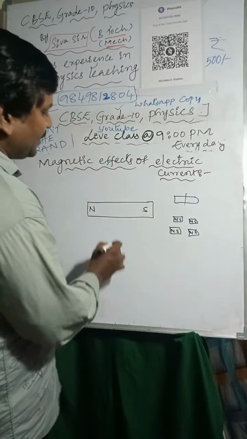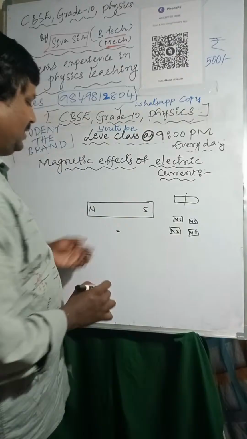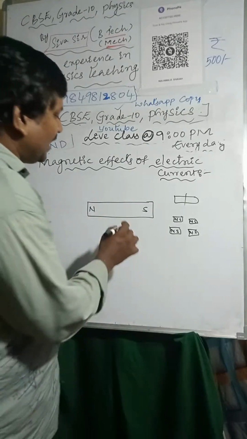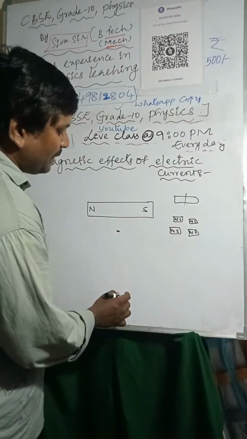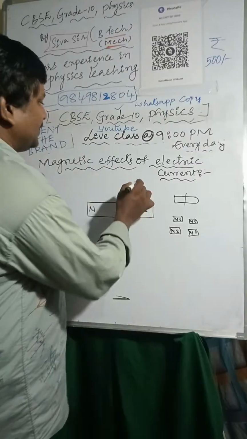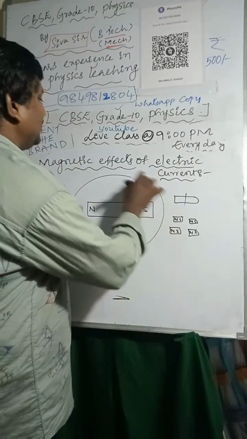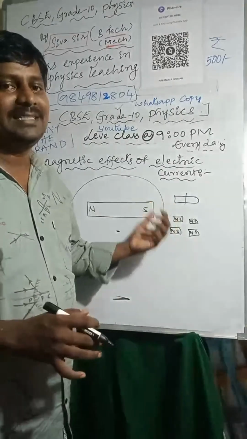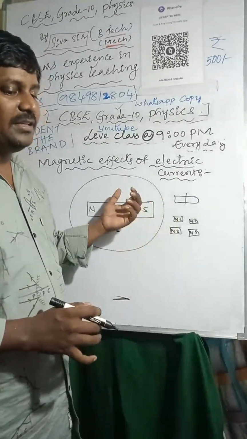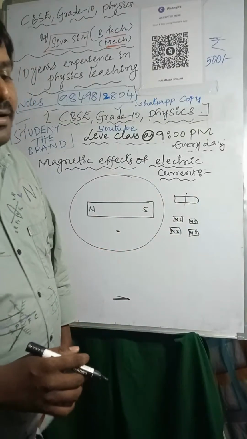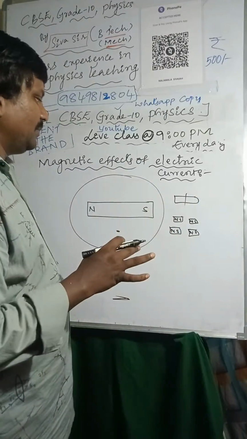If I place a magnetic material like iron up to this point, it will attract, but if you place it beyond this point, it won't attract. The region around the magnet in which magnetic force is exerted is called the magnetic field.